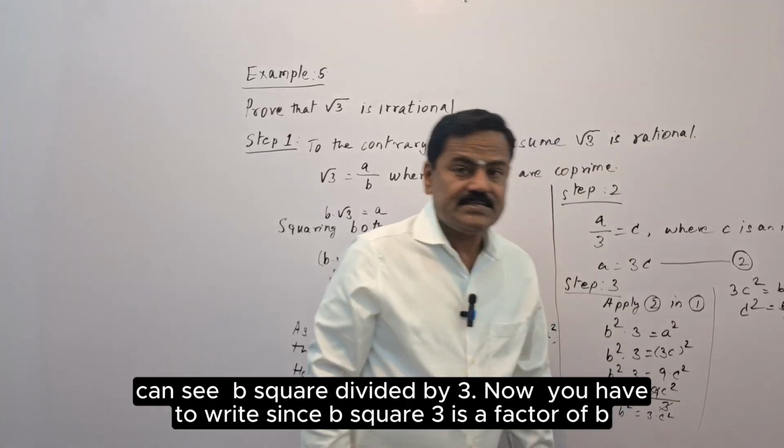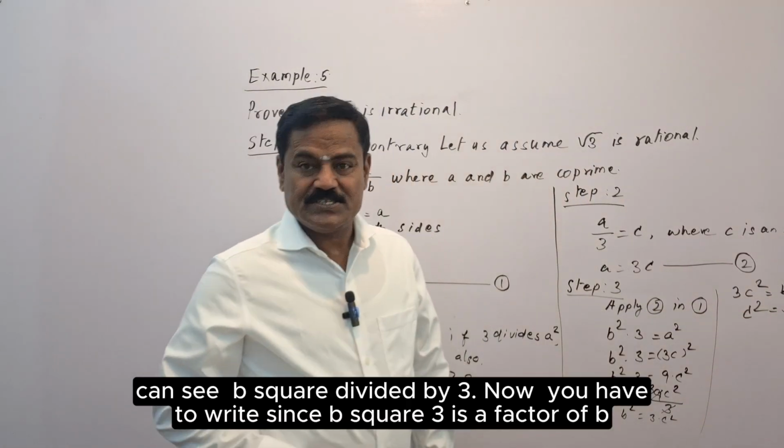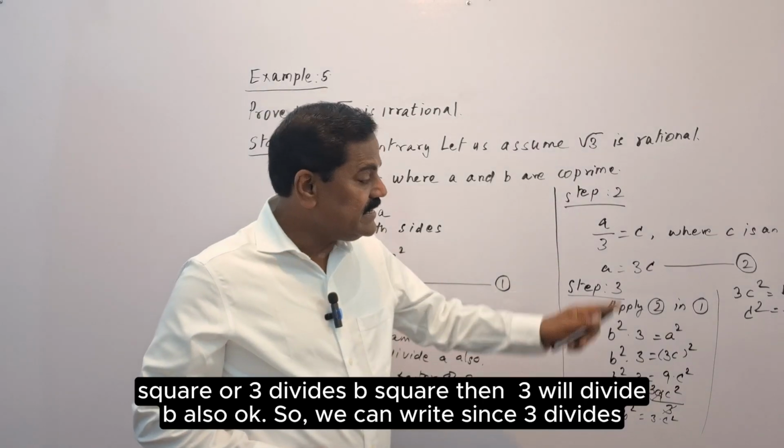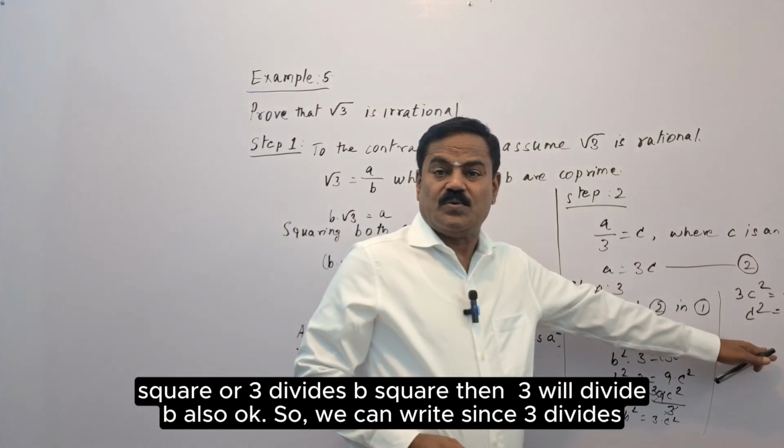Now you can see b square divided by 3. You have to write: since 3 is a factor of b square, or 3 divides b square, then 3 will divide b also.